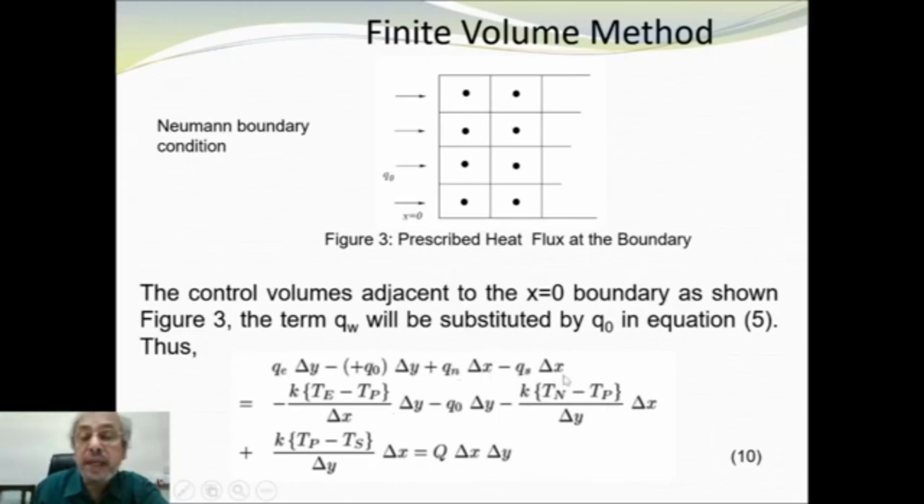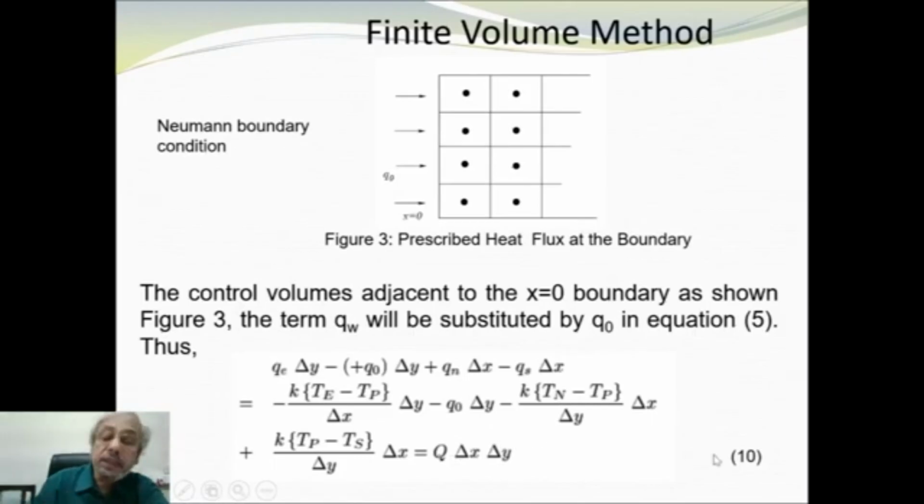Qn also we write its expression, Qs we write its expression, and basically Q naught into delta Y, leave it like that because Q naught is now specified, equal to uppercase Q, heat generation rate, into delta X delta Y.